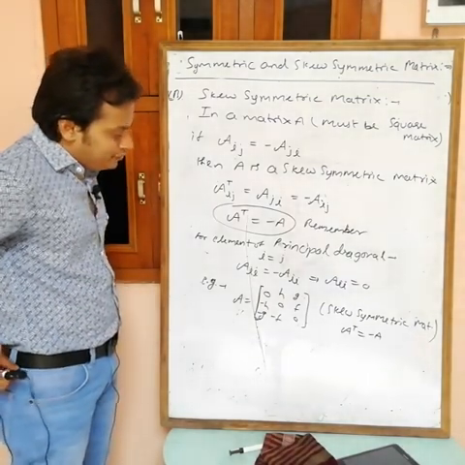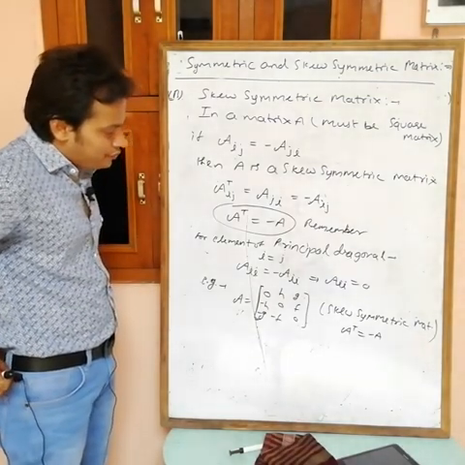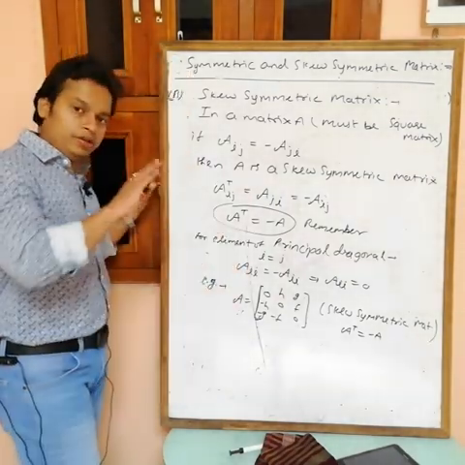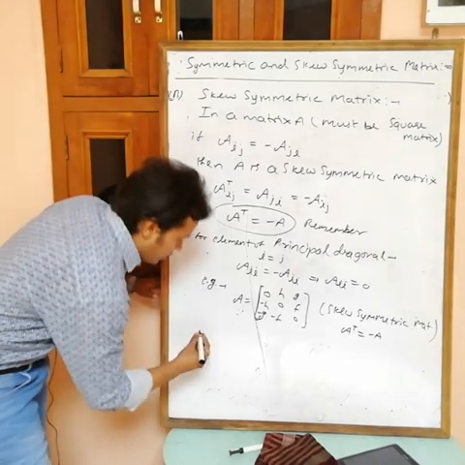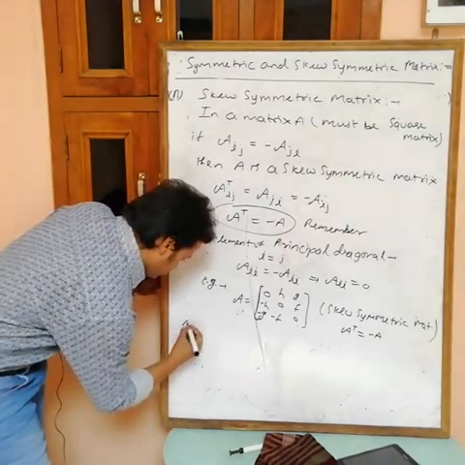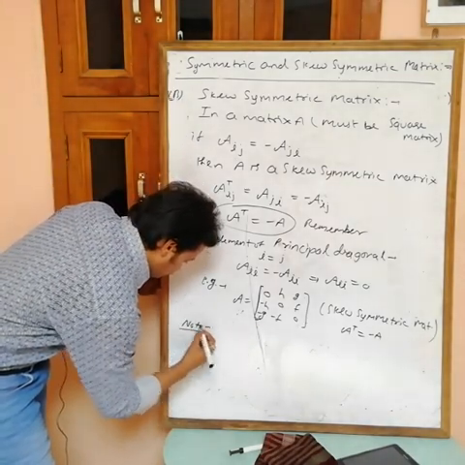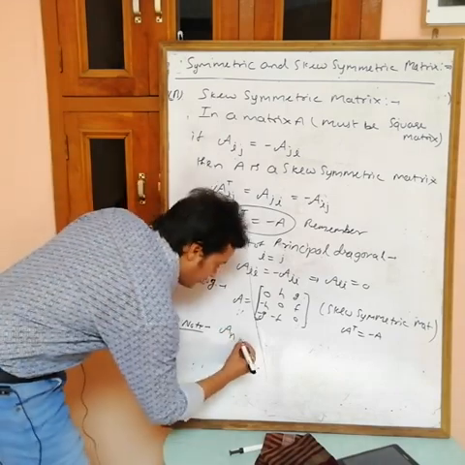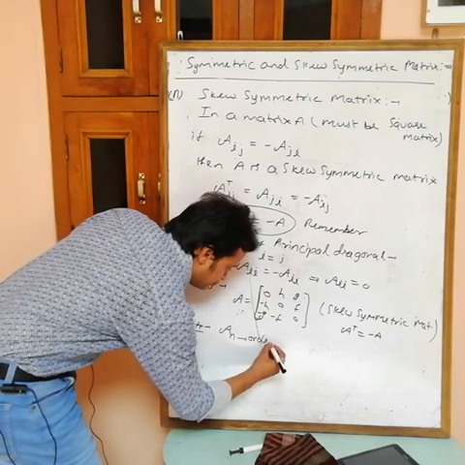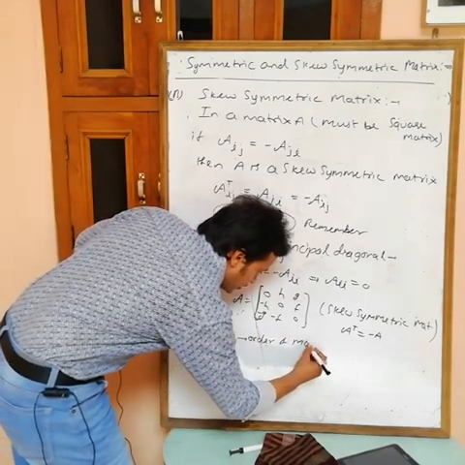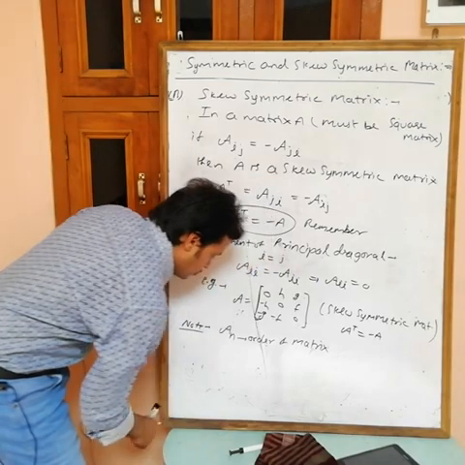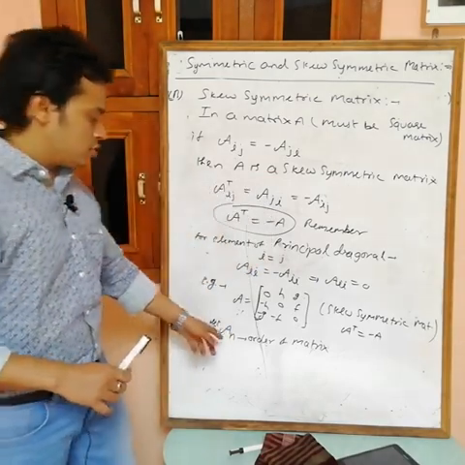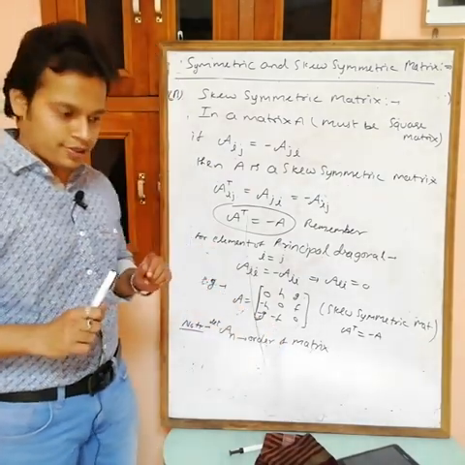Actually, we will get determinant after this one. I will explain the complete determinant in the determinant portion, but we have to write it here. See, let us take any square matrix A_n, where n is the order of the matrix.